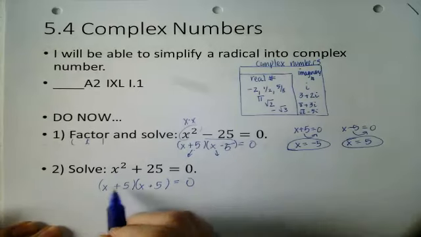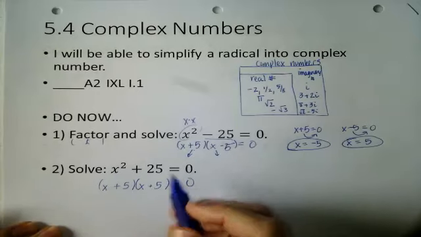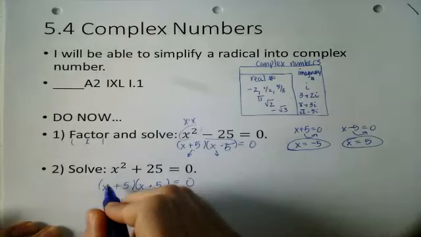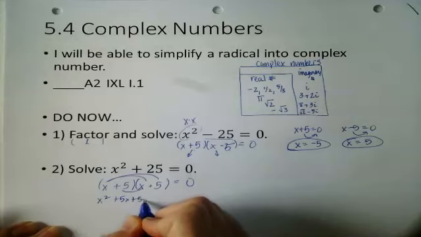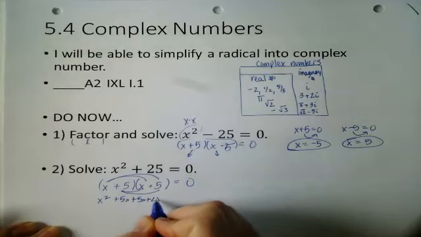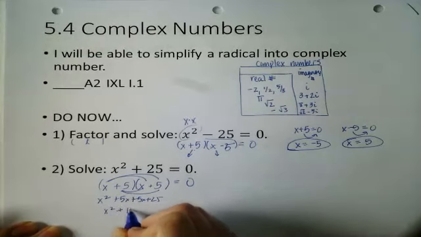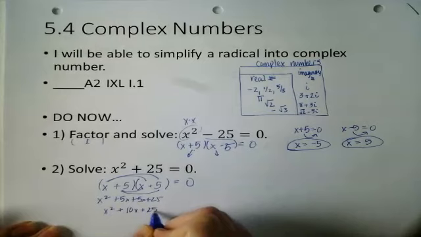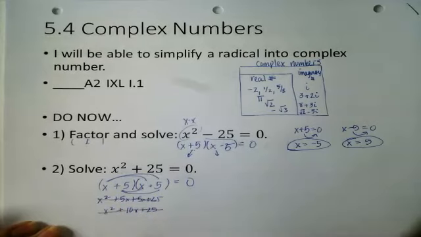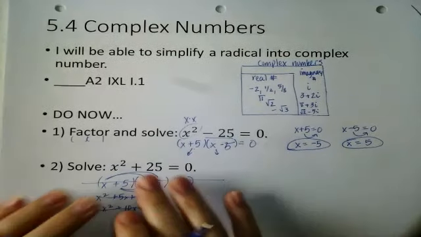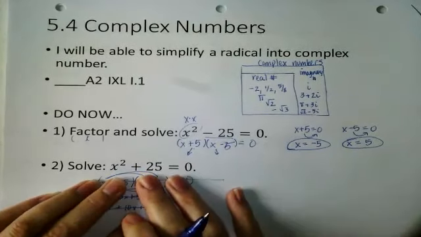So this is sort of a false statement. It doesn't actually factor. Because if you were to check this, we'd get x squared plus 5x plus 5x plus 25. So we actually get something different. And so this doesn't actually factor. So whoops, that doesn't work. But we have to be able to solve stuff like this.